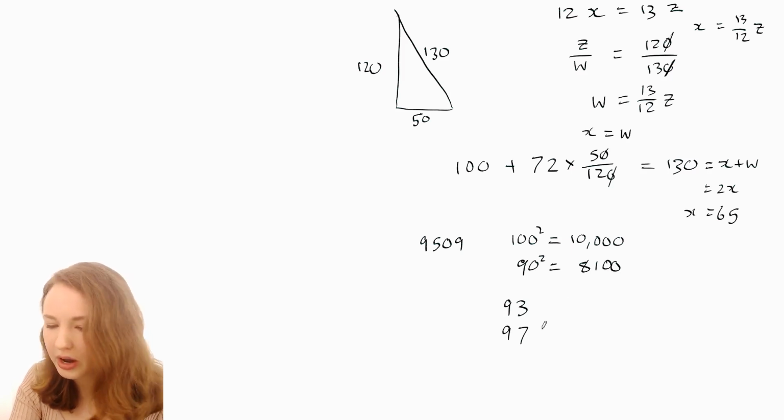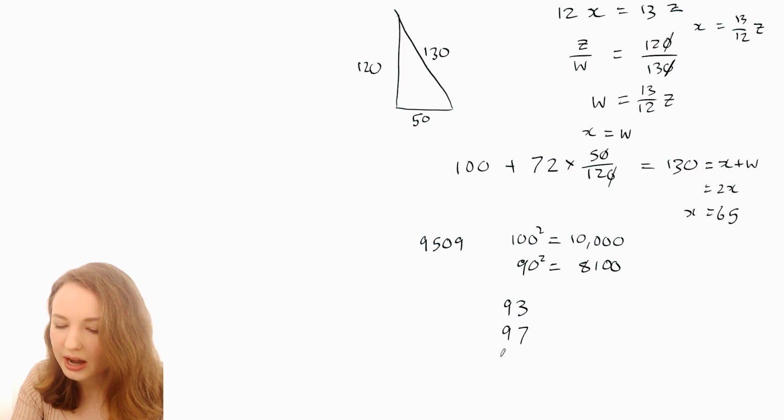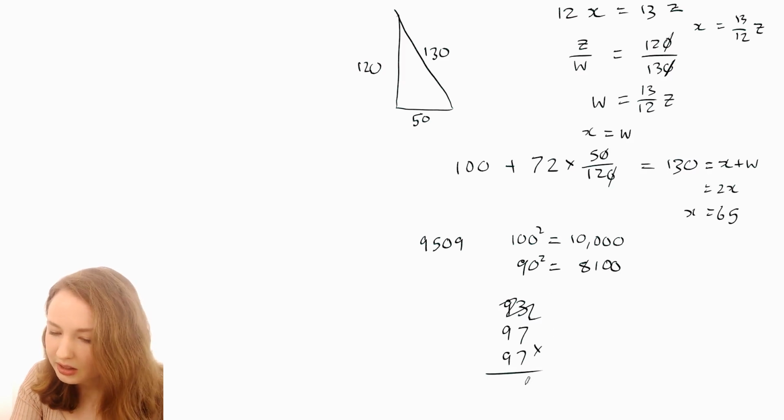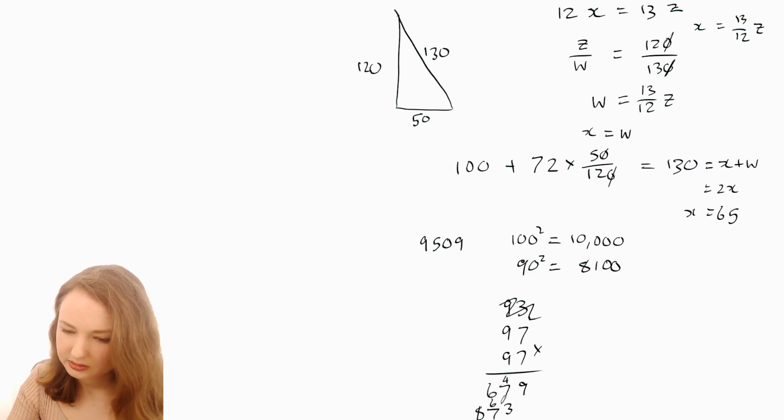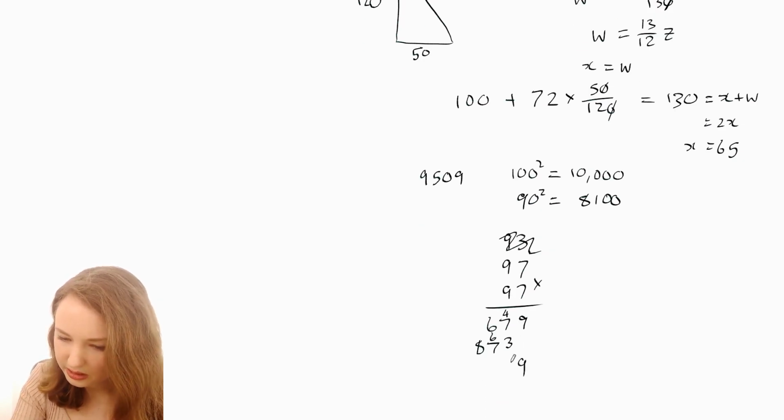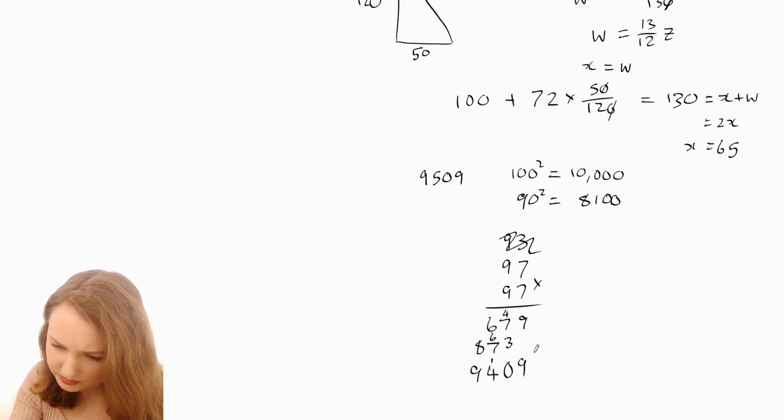So we could test these out, and then you'll see that 97 squared, ignore that, that's 9, 4, 63, and then that makes... what have I done?